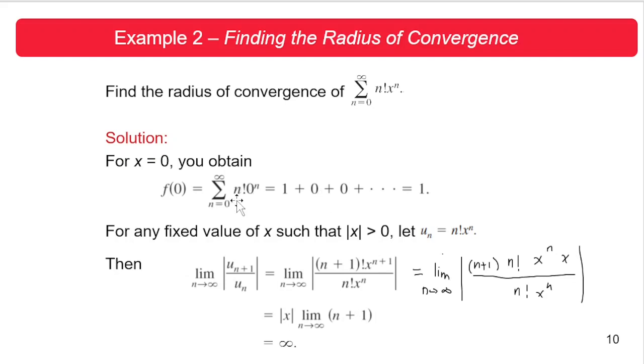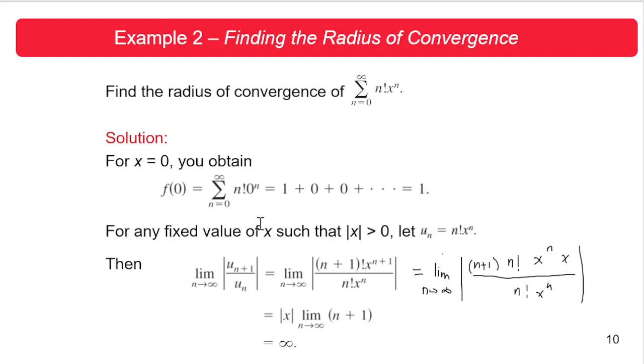If n is 2, then 2 factorial is 2, while 0 to the second power is 0, and any number multiplied by 0 is 0. So the succeeding terms are all equal to 0. This indicates that the power series converges at its center, at x = 0.